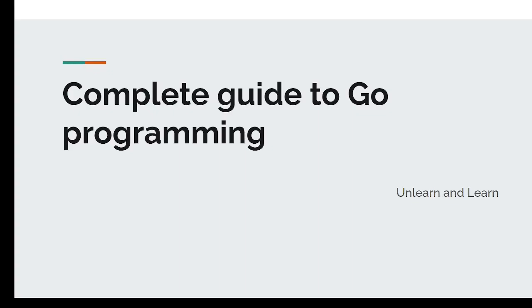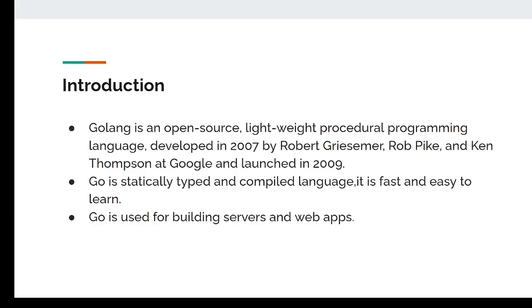So let's get started with the introduction to Golang. Golang is an open source, lightweight procedural programming language. It was developed in 2007 by Robert Griesemer, Rob Pike, and Ken Thompson at Google and launched in 2009. Go is a statically typed and compiled language. It is very fast and easy to learn.